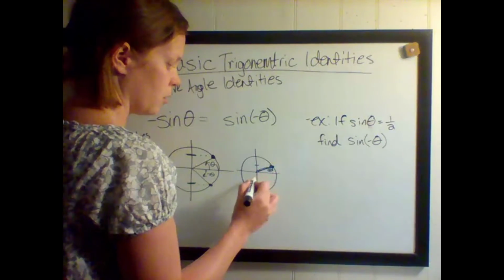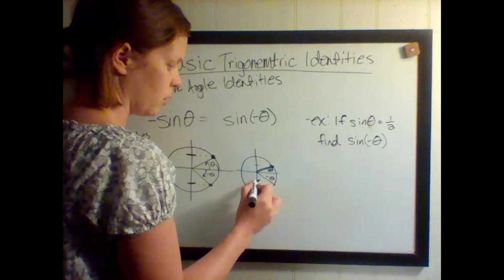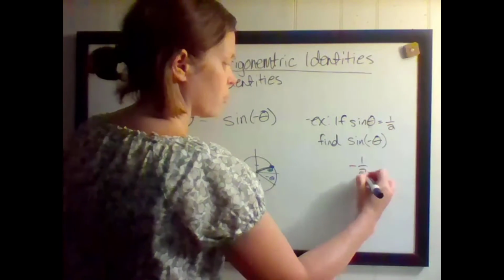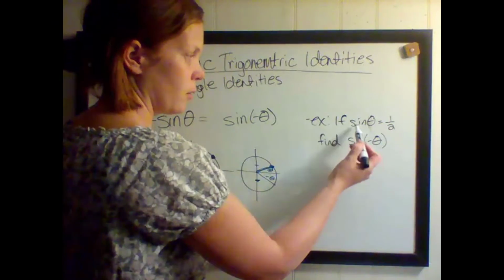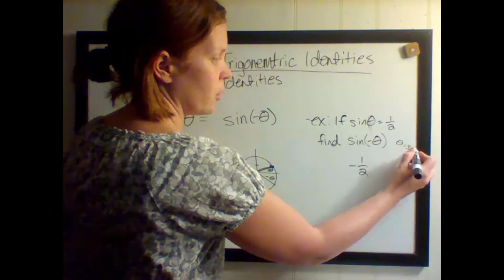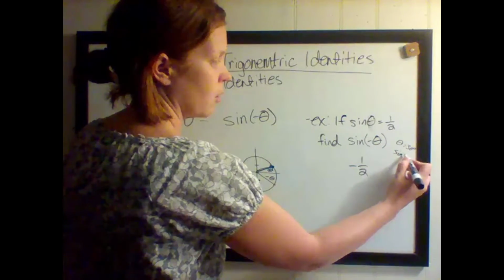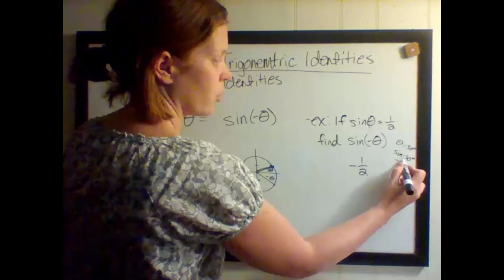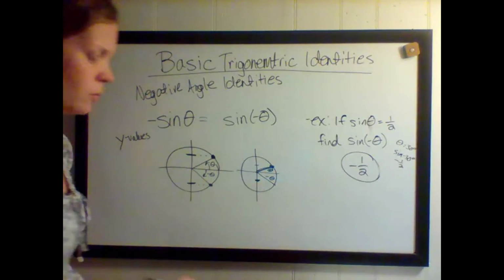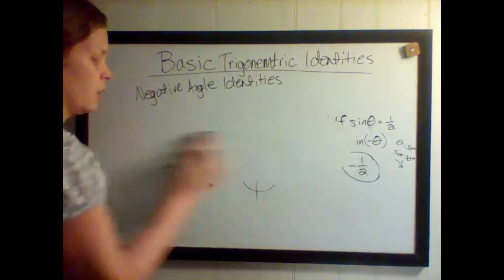So here's theta, and whatever the negative theta is, it's still going to be a y value of a half, but negative now. So negative 1/2. And to prove that, do sine inverse: the angle actually is 30 degrees. Now punch in sine of negative 30 degrees, and you should get negative 1/2. So that's sine.